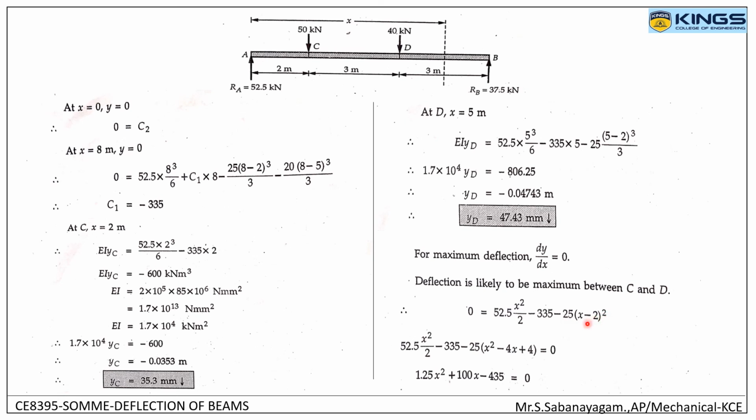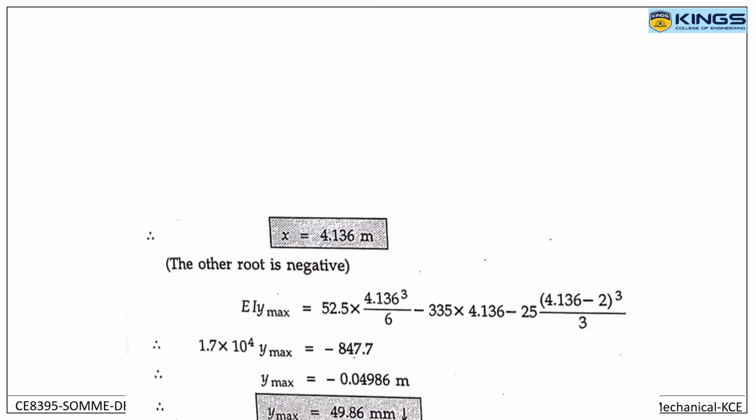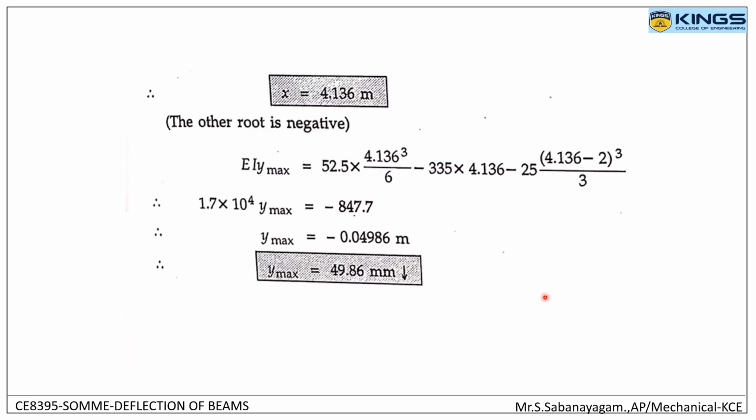So this relation can be rewritten as 1.25x square plus 100x minus 435 equal to 0. Hence the value of x becomes two values. From this equation, x equal to 4.136 and the other is a negative one.